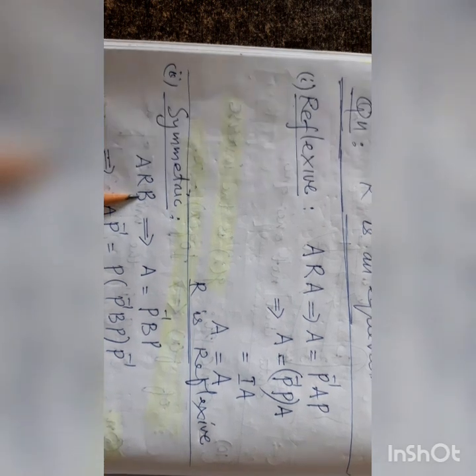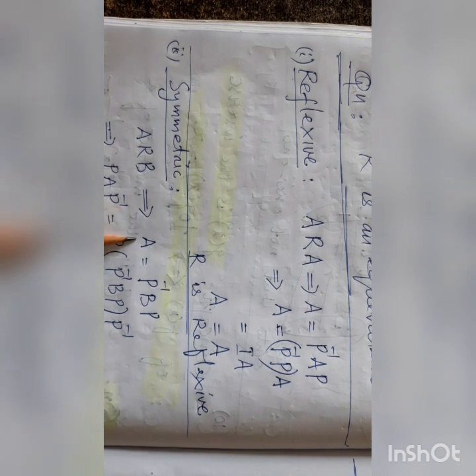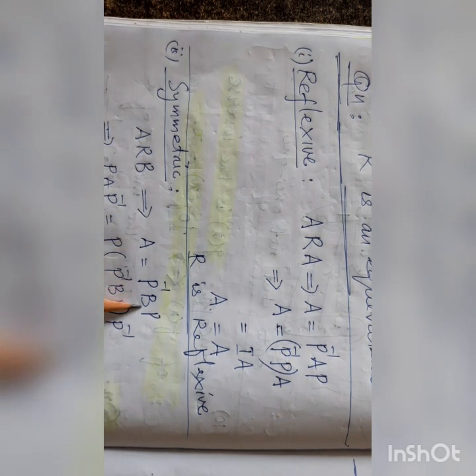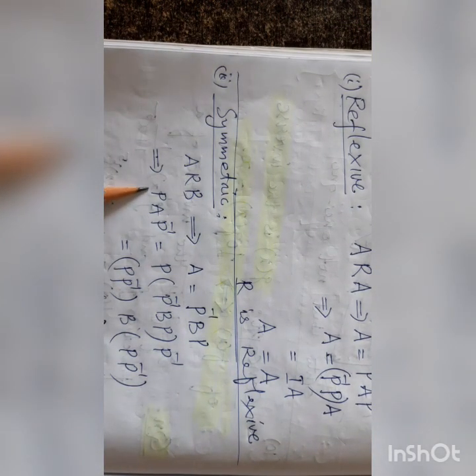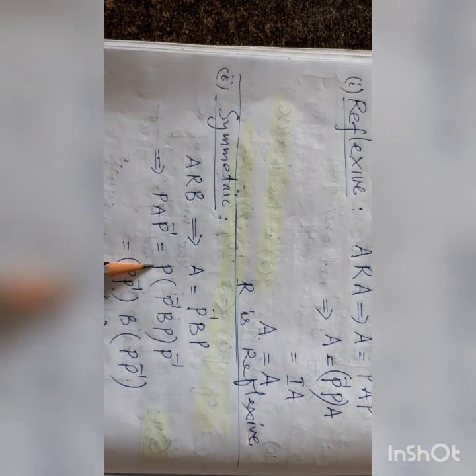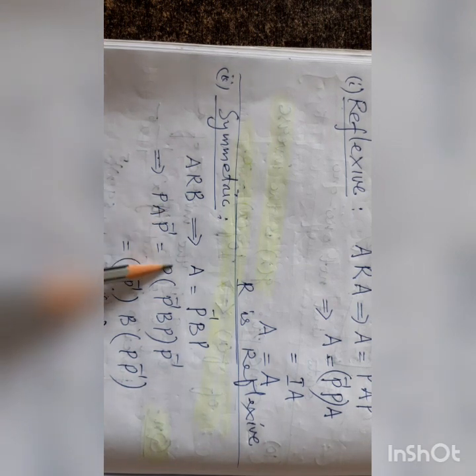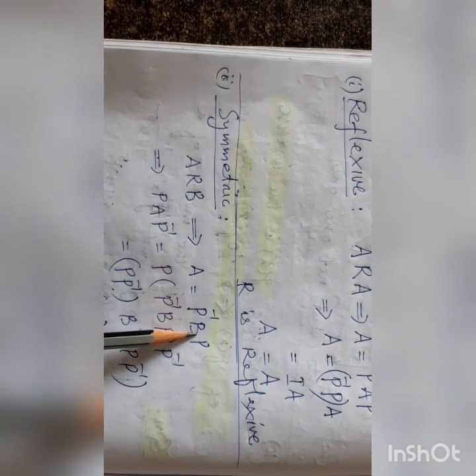Next, symmetric. A related to B implies, according to the question, A equals P inverse BP. So I am going to find P A P inverse, and in place of A, I substitute P inverse BP.